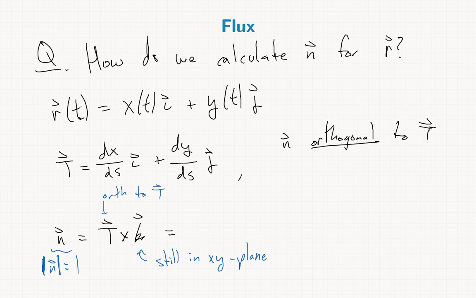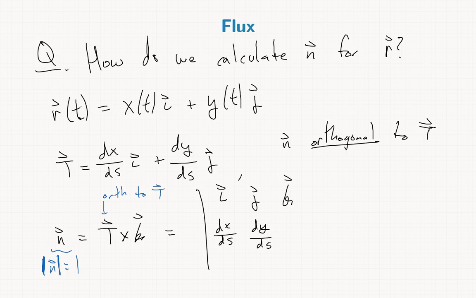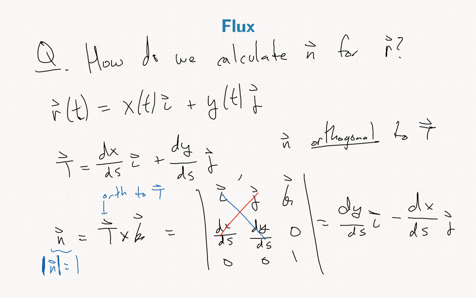So this explicitly is, using the sort of fake determinant formula, i j k, dx by ds, dy by ds, 0, 0, 0, 1. So that's dy by ds times i, and then minus dx by ds j.